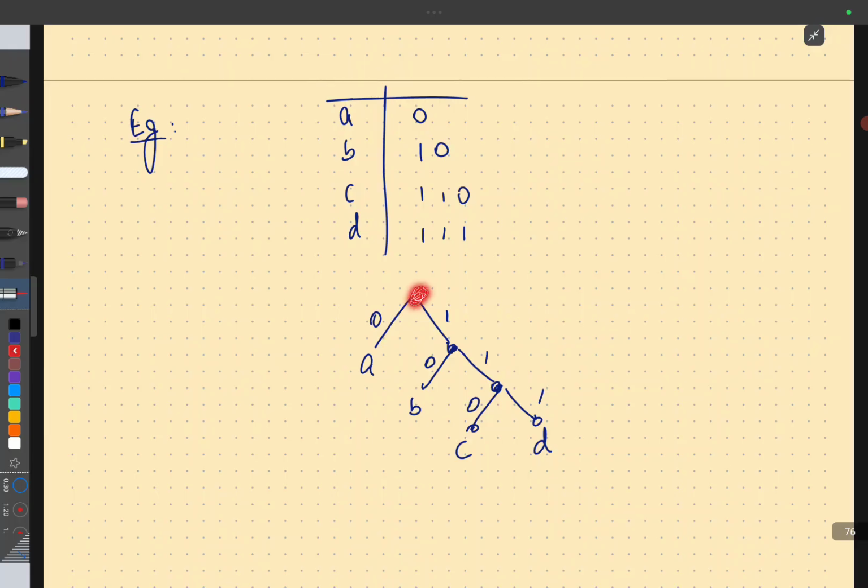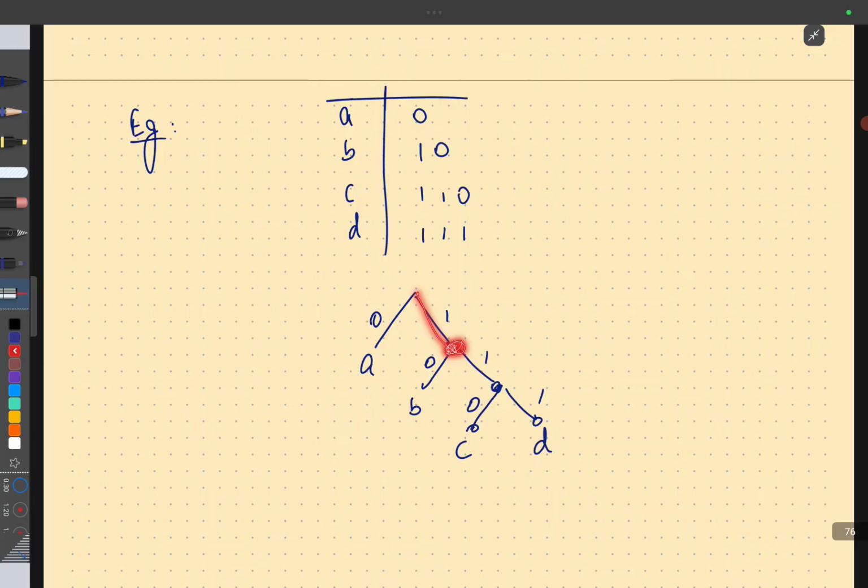I read the first symbol. If it is a 0, then I go to the left. If it's a 1, I go to the right. So if the first bit the decoder read was a 0, then you know that the symbol is A, and then you again go back to the root and proceed. If the first symbol was a 1, then you go to the next node.